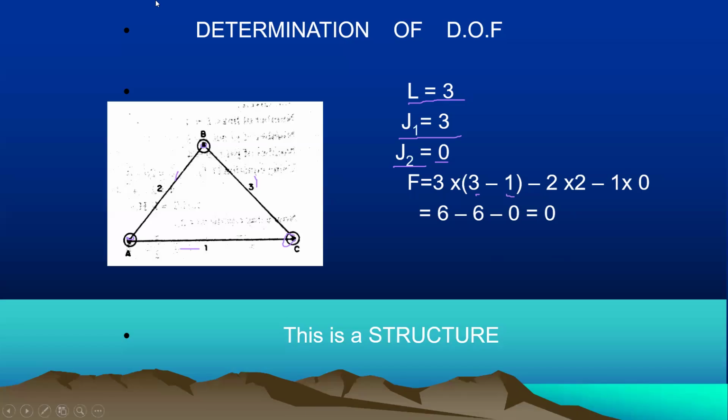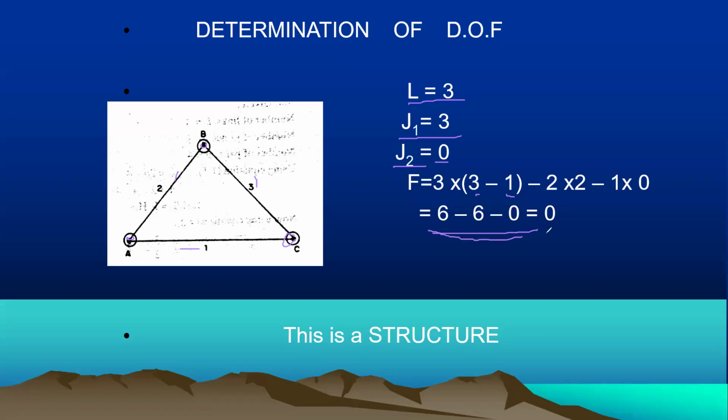I don't know why I put a 2 right here; it was supposed to be 3, and then J2 is 0, and we are supposed to get a negative somewhere. So we need to check why this is like this.